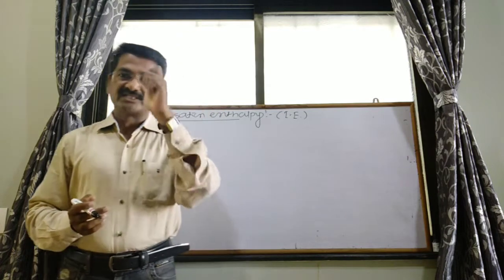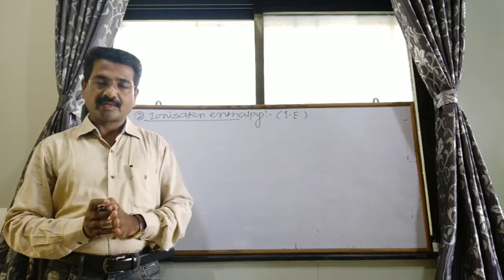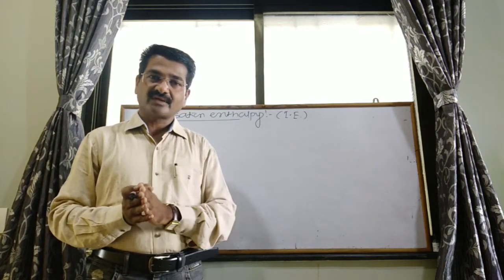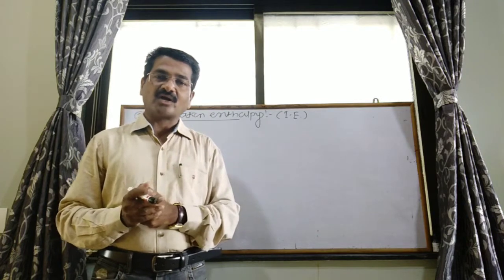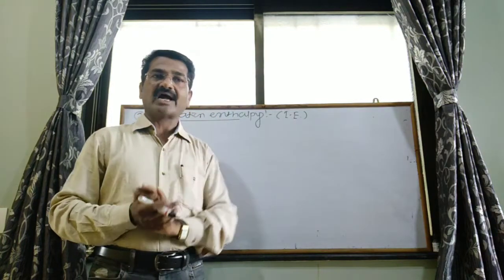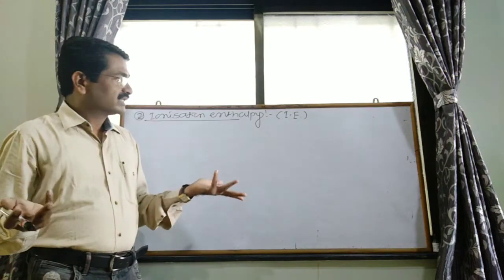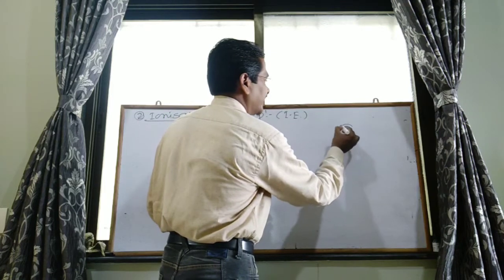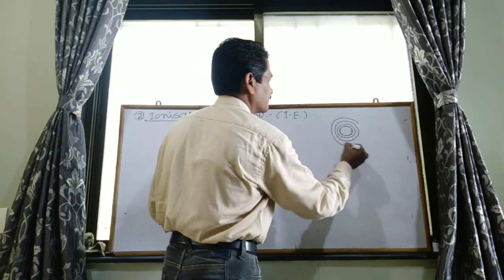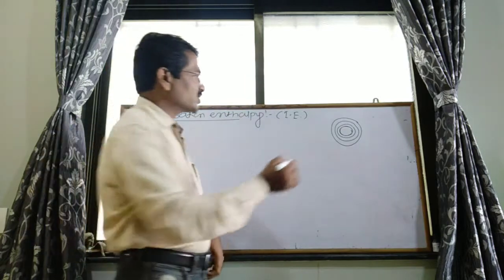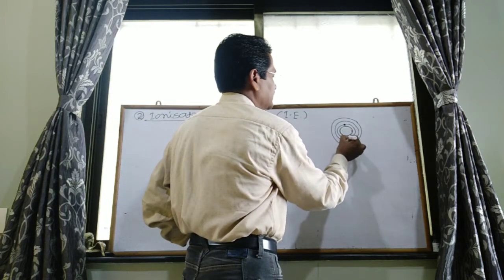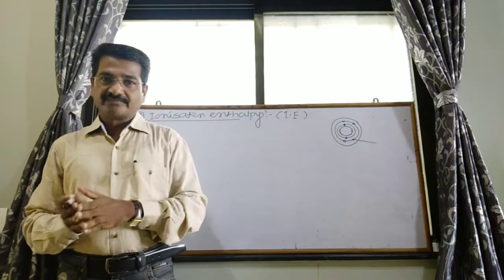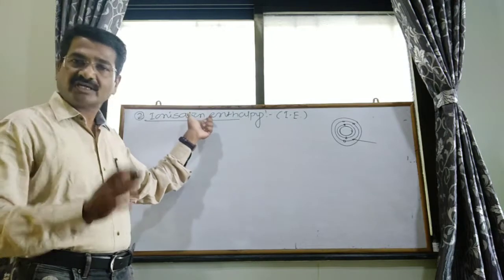The amount of energy or enthalpy required to remove electrons from successive cells around the nucleus is called ionization enthalpy. We know the structure of the atom. This is the nucleus, and around it a number of cells occur. In each cell, electrons are present. These electrons can be removed. It requires energy or enthalpy, that is called ionization enthalpy.